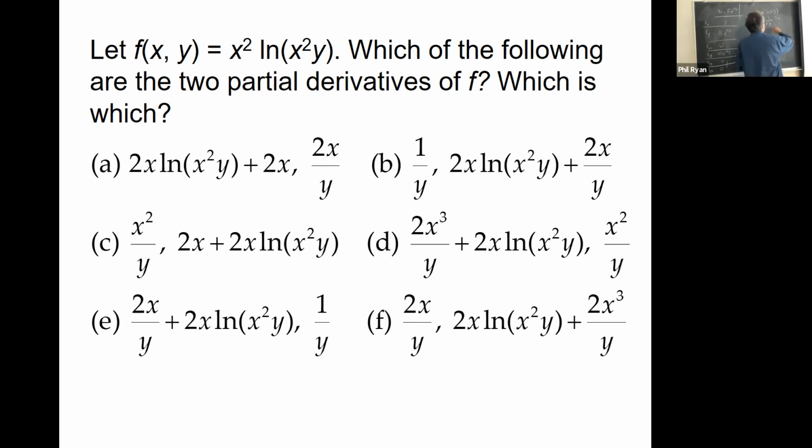Oh, no, sorry. Times the derivative of y, which is x squared. Yes. Right, because we're taking the partial derivative with respect to y. So which one of those is the answer then? It has to be C or D, right?